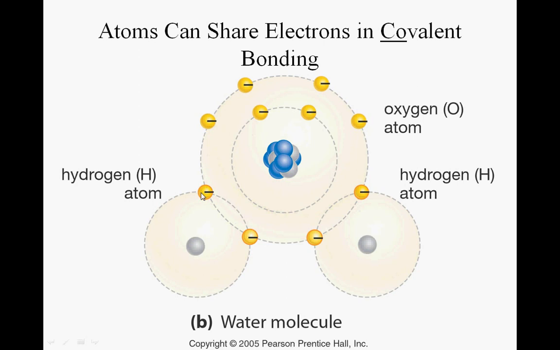And if you notice, hydrogen is happy because it has 2 electrons in its valence level. And oxygen is happy because it has 8 electrons in its valence level. So covalent bonding occurs when they have similar electronegativities.